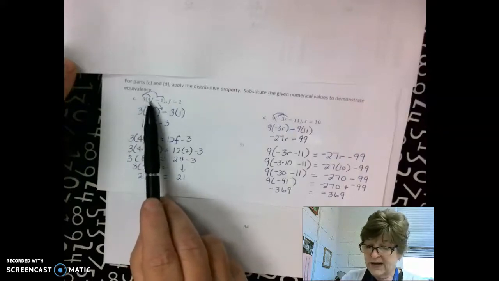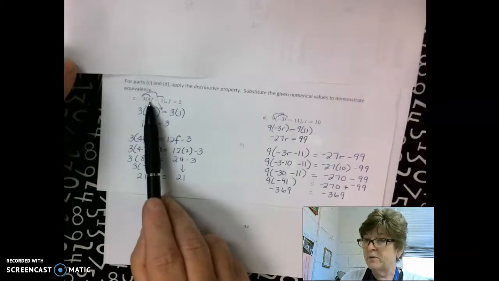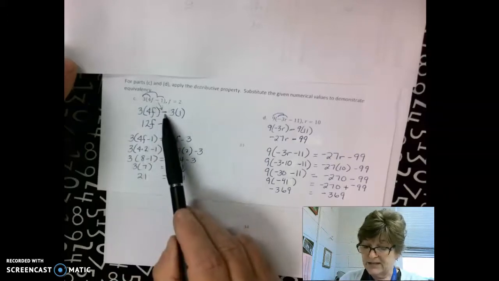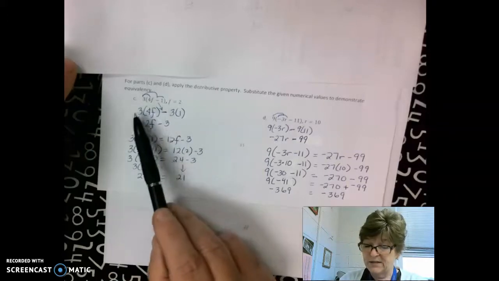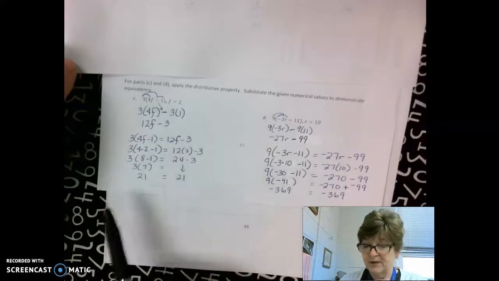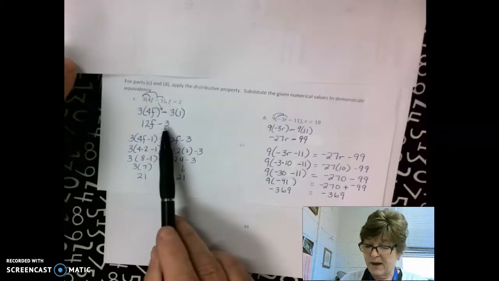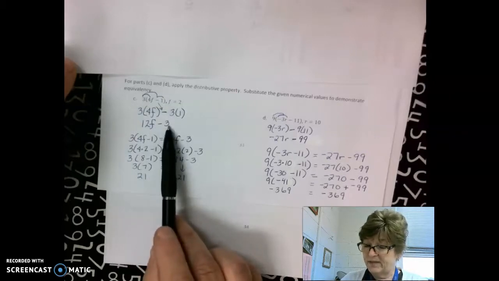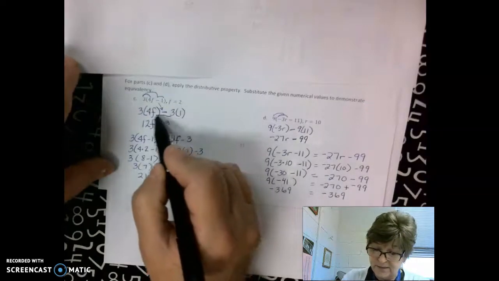3 times 4f, remember that coefficient is adjoined to that variable of f. Keep that sign, minus 3 times 1. Did you get that? 12f minus 3. So now that we have this, we want to test the equivalency.